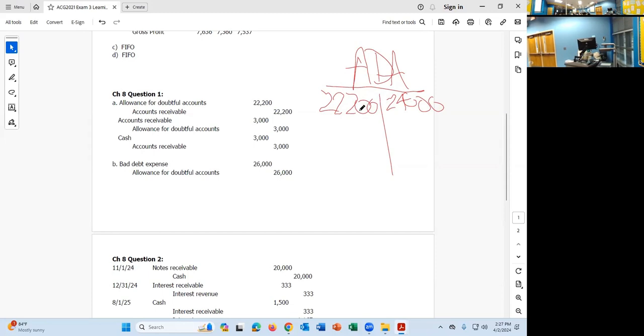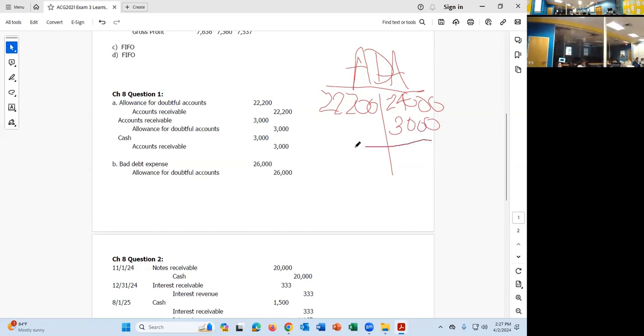That's just this 22,200 that we debited to the allowance for doubtful accounts. Then over here, we credited the allowance for doubtful accounts for 3,000. So that's everything that happened in the allowance for doubtful accounts all throughout the year.